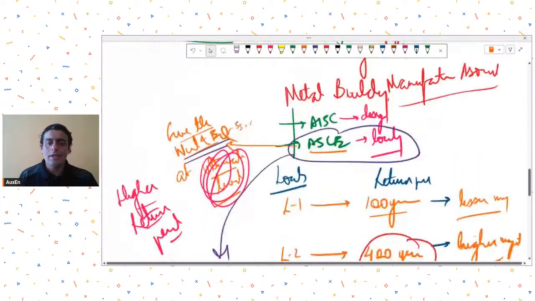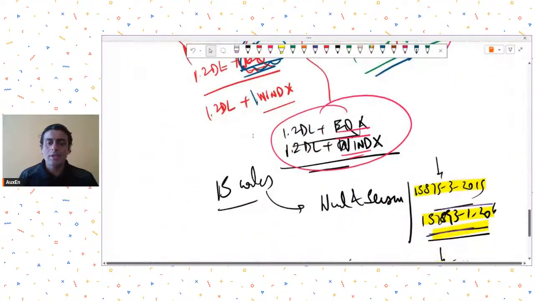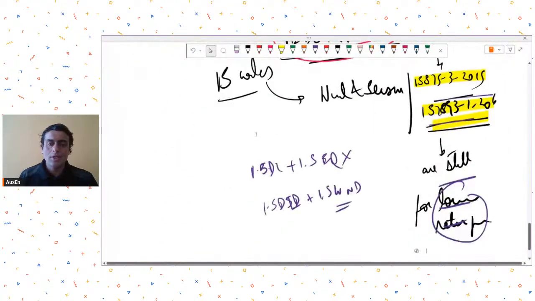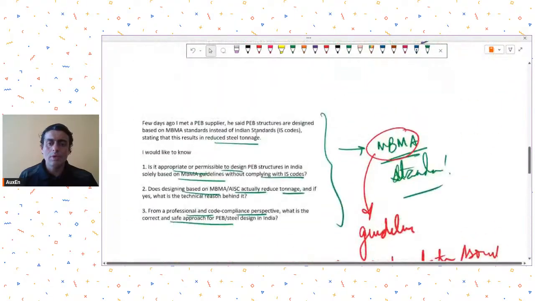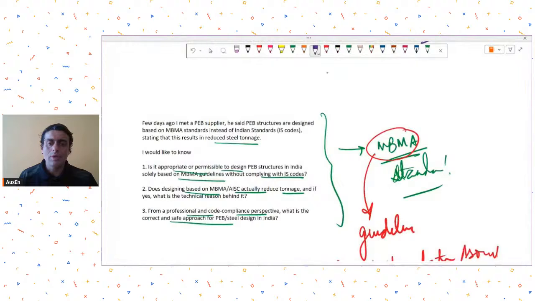So this is the mistake that people are committing. And naturally, if you are designing for reduced load combinations, you will get reduced tonnage, but it is unsafe, incorrect, and improper.